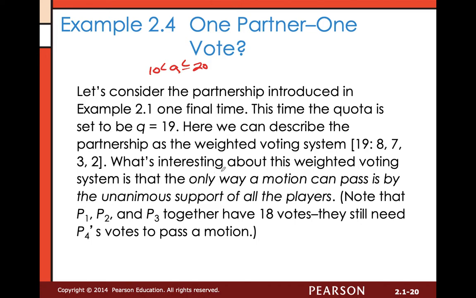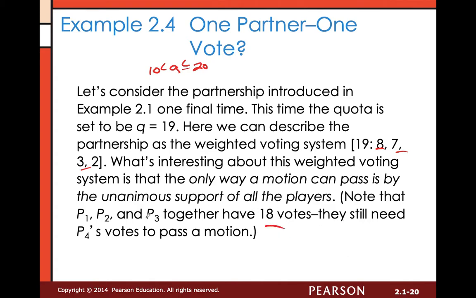What's interesting about this is that the only way a motion can pass is by the unanimous support of all the players. Even though it doesn't add up to be 20, the only way you can get 19 is for all of them to agree. Because notice that if you add up P1, P2, and P3, so 8 plus 7 plus 3, you get 18.